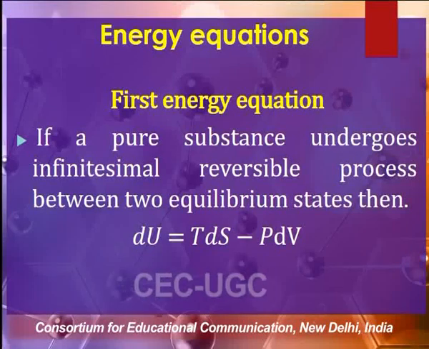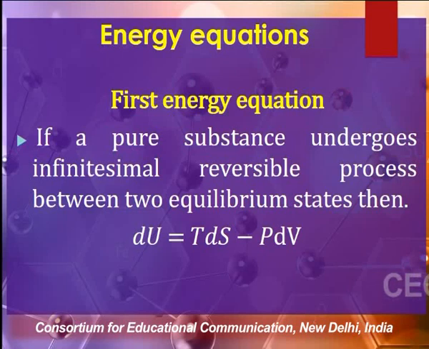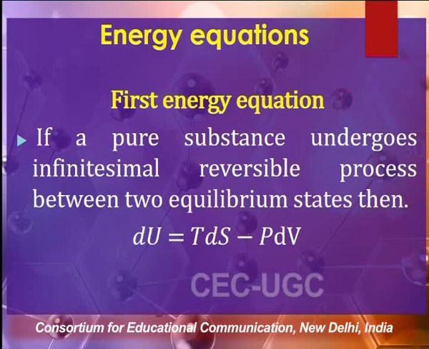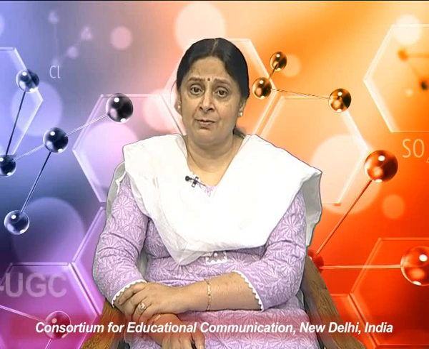If a pure substance undergoes an infinitesimal reversible process between two equilibrium states, then we have dU is equal to TdS minus PdV. This is from the combined first and second law. dU is the change in internal energy, TdS denotes the heat part and PdV denotes the work part.